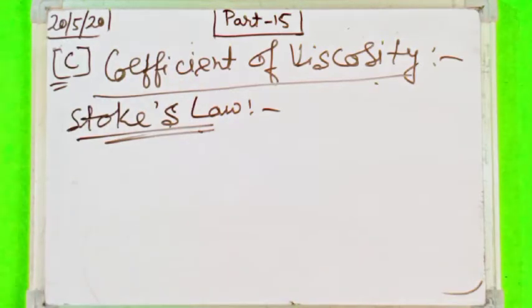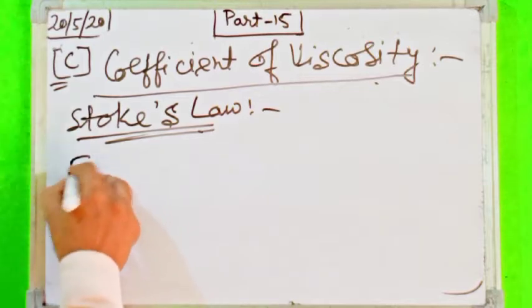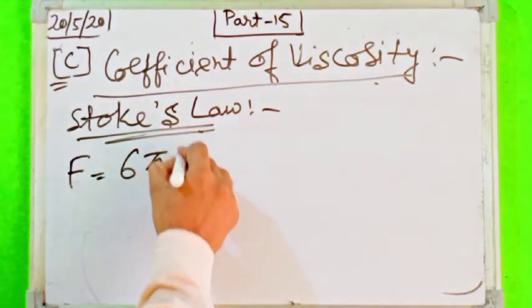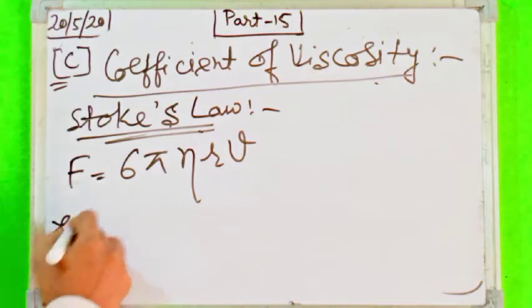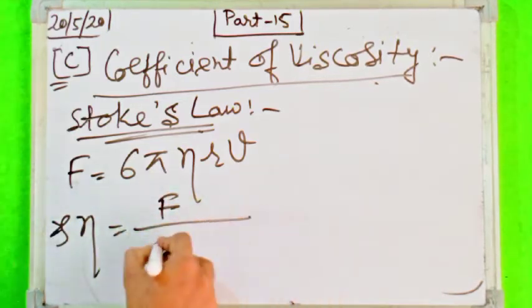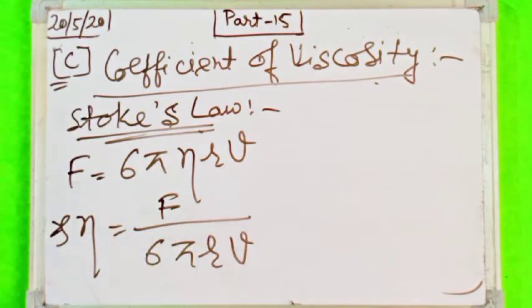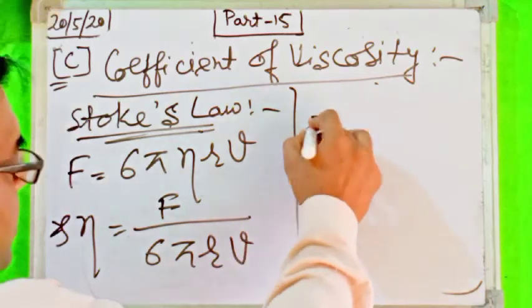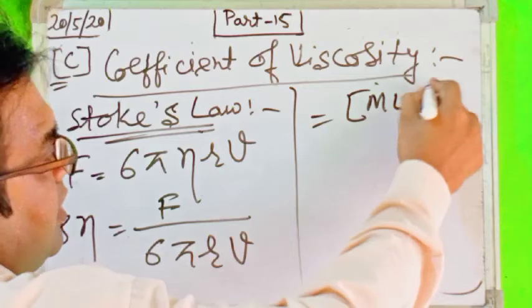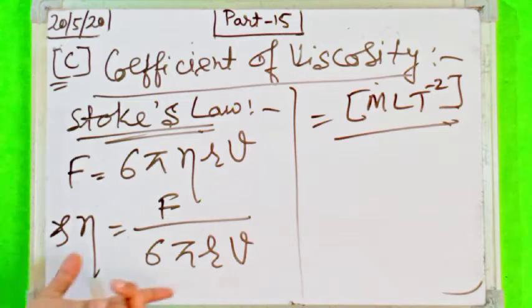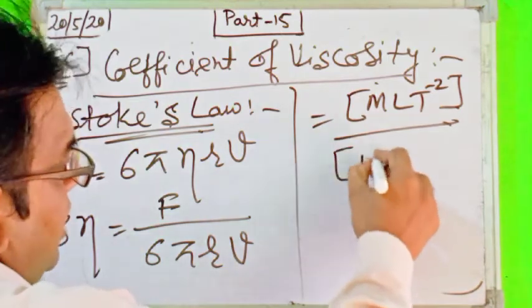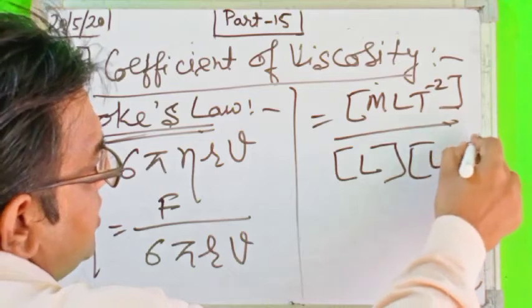From Stokes law, F is equal to 6 pi eta R V, so eta is equal to F upon 6 pi R V. Putting the dimensions, force is M L T minus 2, 6 pi is a constant and dimensionless, R is L, V is L T minus 1.